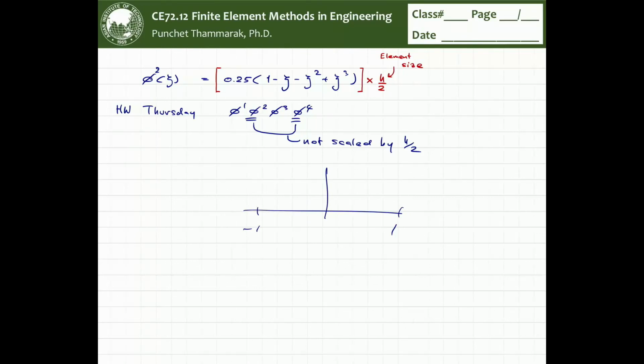Right? Let's just do it this way. I calculated phi 1, phi 2 already, so you need to calculate phi 3 and phi 4, right? And plot all of them in the same plot. Just that. It will be a short one. Right. So this is the extent of your x domain from -1 to 1.